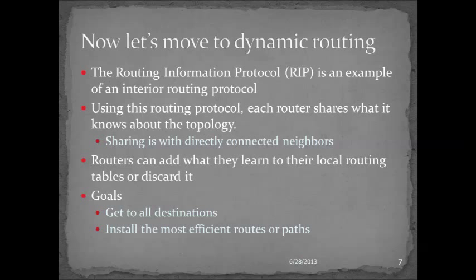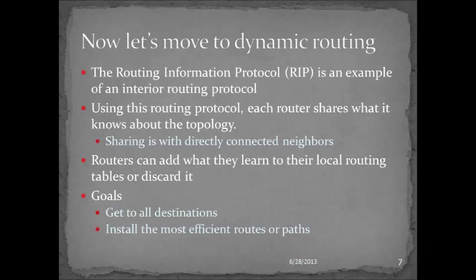So the idea with most routing protocols is that each router shares what it knows with its directly connected neighbors. And they do this by passing messages back and forth. Once a router receives a message from a neighboring router, it takes a look at the message, processes what's in the message, and determines whether or not the information is better than what it already has.